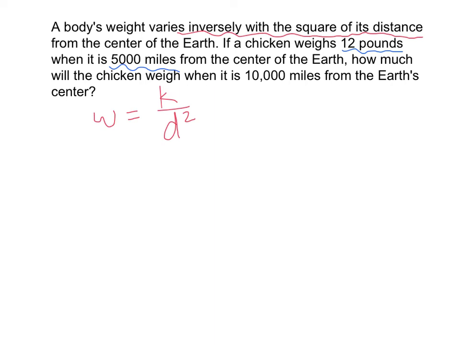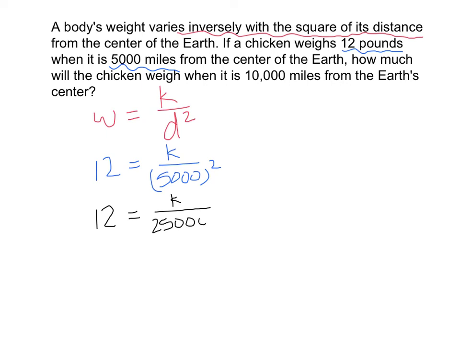So using this situation, we can plug those two values in, the weight is the constant divided by 5,000 squared. Now we can find our constant. It's going to be big, but that's okay. Get out your calculator. 12 equals k divided by 5,000 squared, which is 25 million.